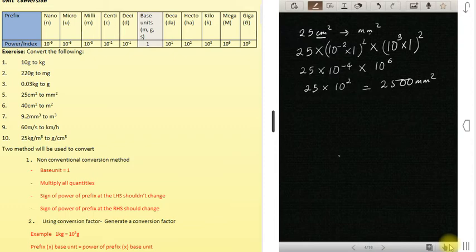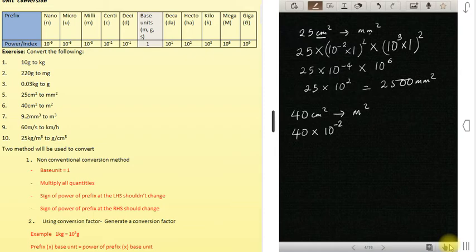Okay, for question number 6, sorry, the numbering is not in order. Let's take it. Question number 6, we have 40 centimeters square to meters square. This implies I have 40 times a prefix, 10 to the power of minus 2.